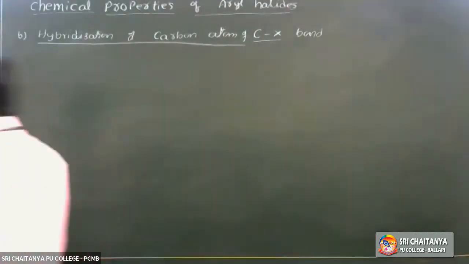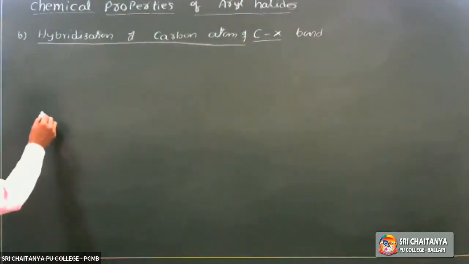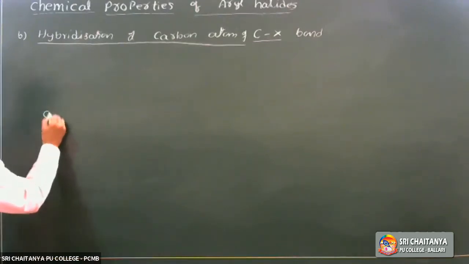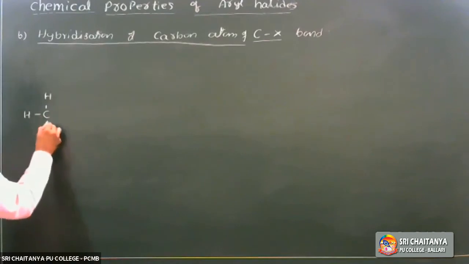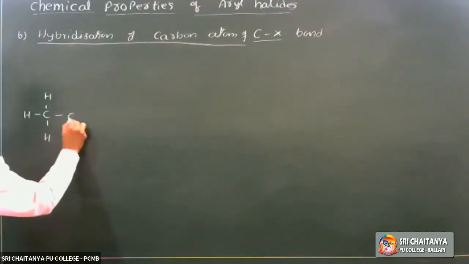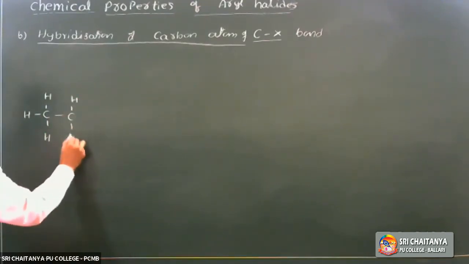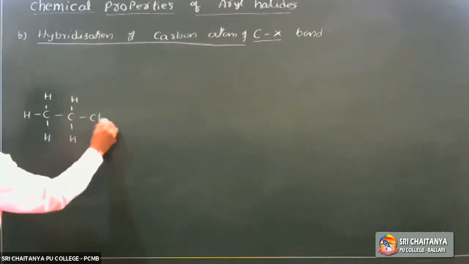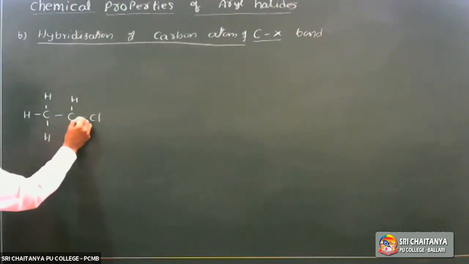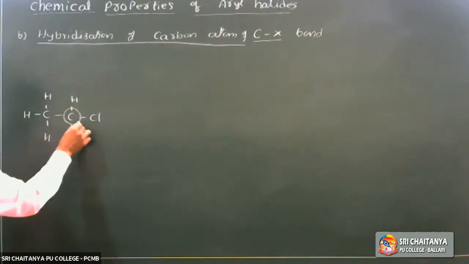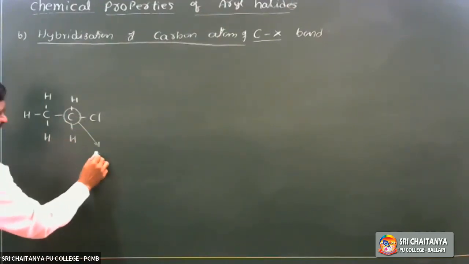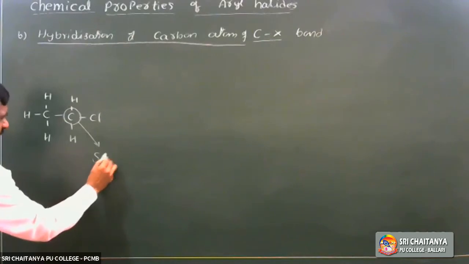Take an alkyl halide, ethyl chloride, CH3CH2Cl. Here chlorine is attached to this carbon, so this carbon is an sp3 hybridized carbon.